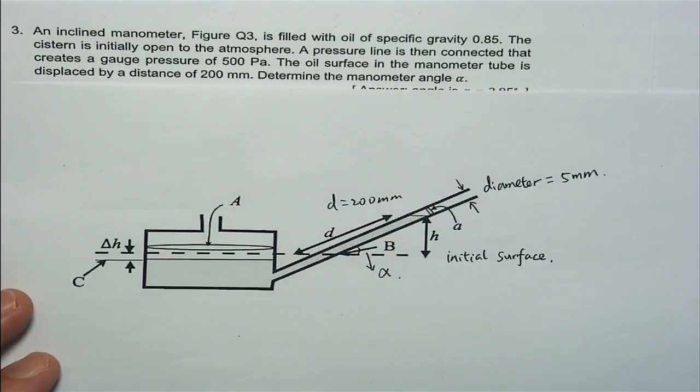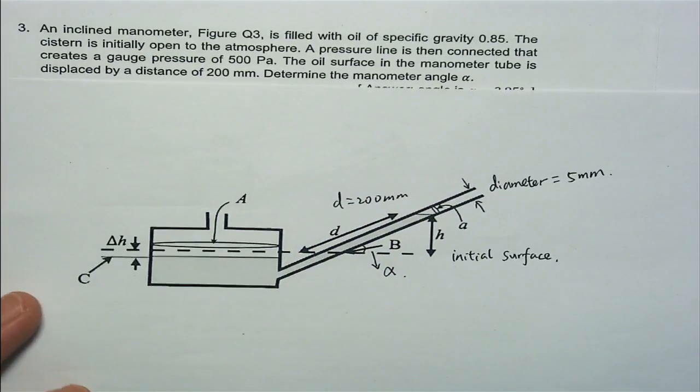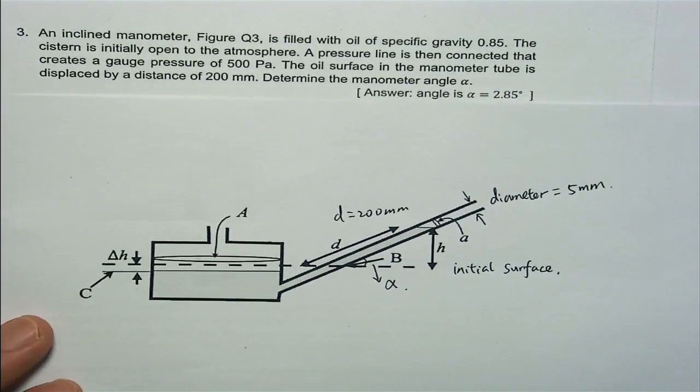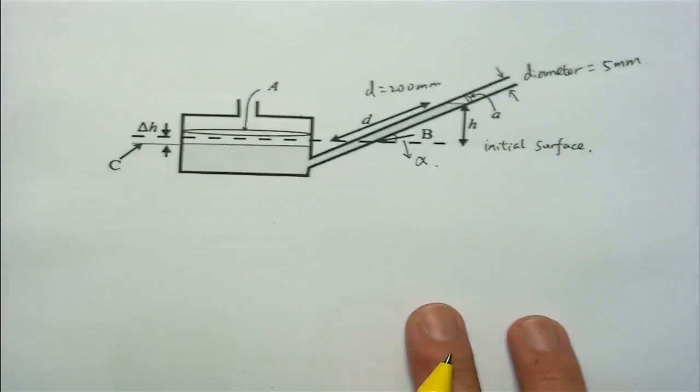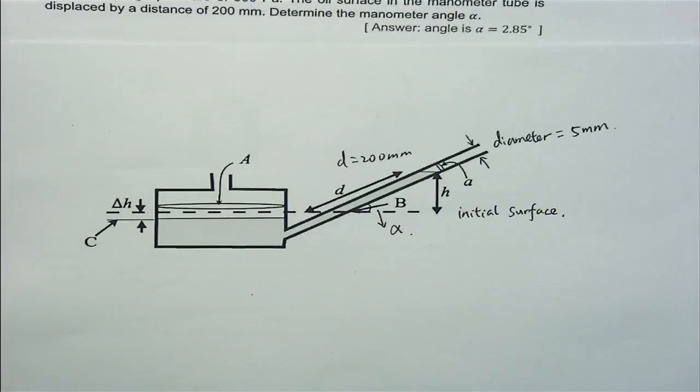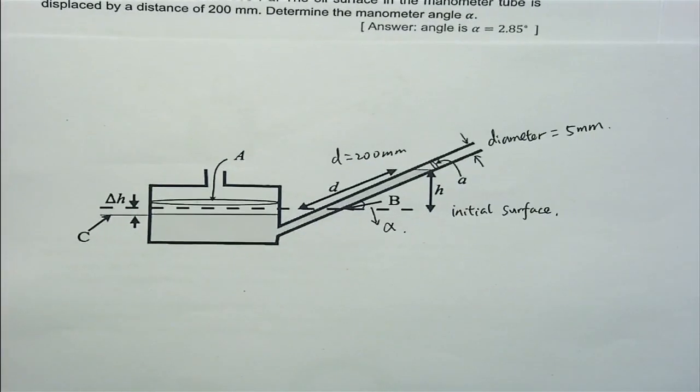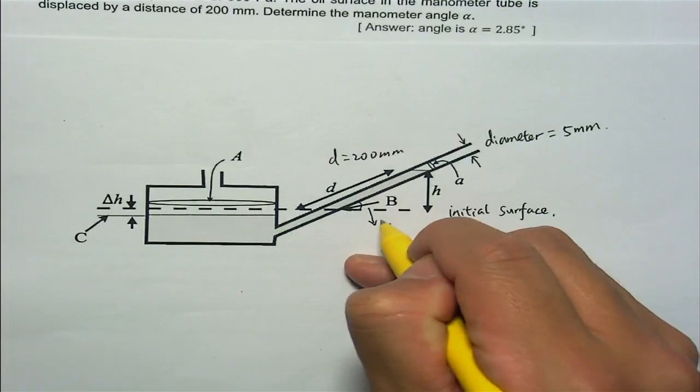And we know the diameter of the pipe, and we want to determine the inclined angle alpha here.